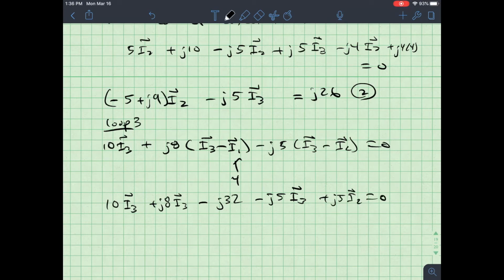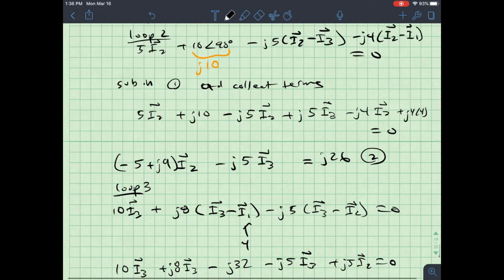So let's collect these terms together. All of my I2s are just going to be j5 I2, plus 10 plus j3 I3 is equal to j32.